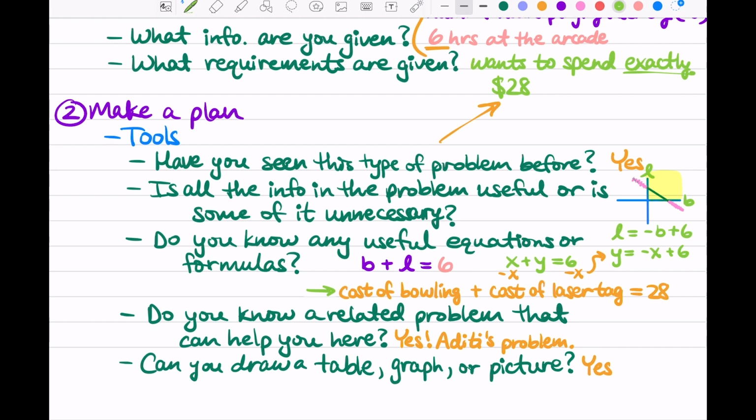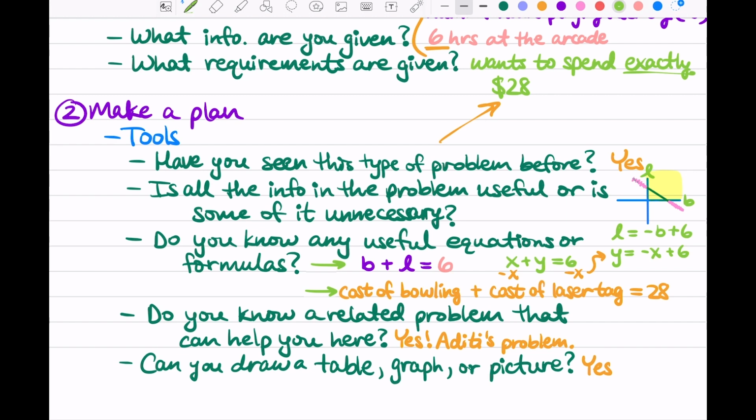So it's going to depend on B. And similarly, the cost of laser tag is going to depend on how many hours Simon wants to play laser tag. So it depends on L. So our first equation has B and L, and our second equation, when we simplify it, will also have B and L. So what we're going to have is a system of equations.